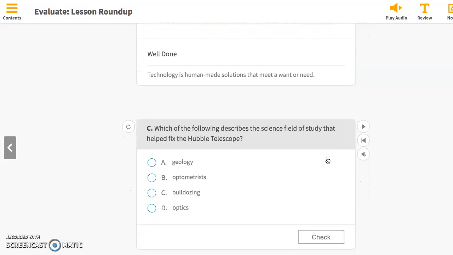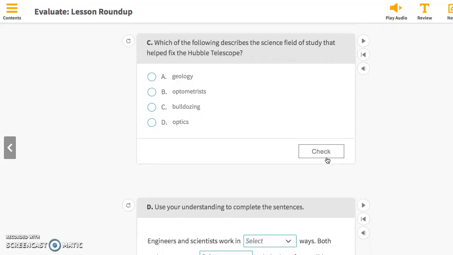Human-made solutions. Important. Which of the following describes the science field of study that helped to fix the telescope? So did geology fix it? Remember when we're talking about the telescope, we're talking about the eyeballs, and the lens, and how the lens works. So rocks? No. Optometrists? That is not a field of study, that is a job, that is a career.